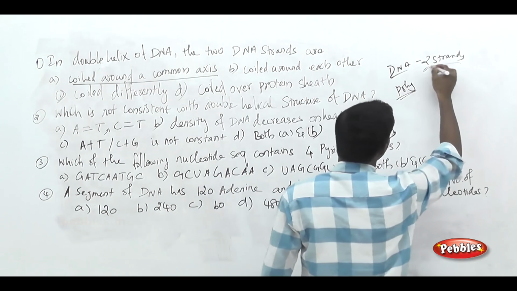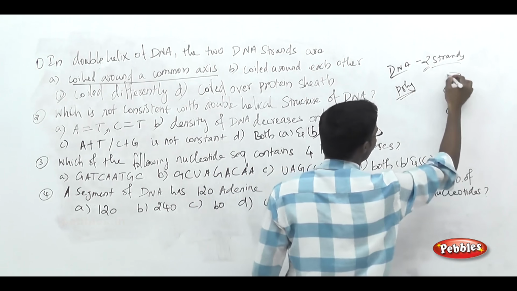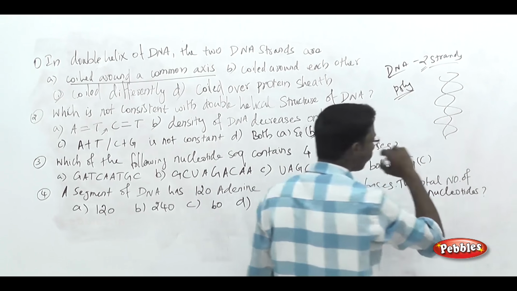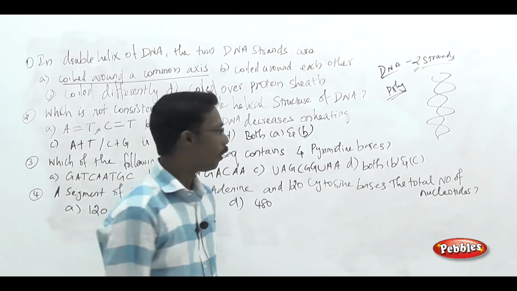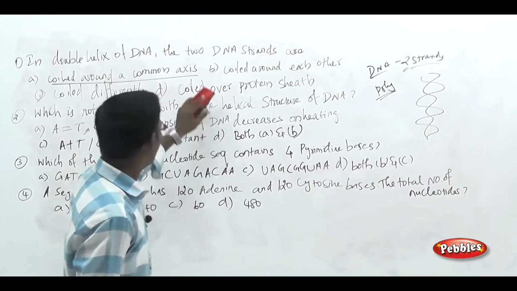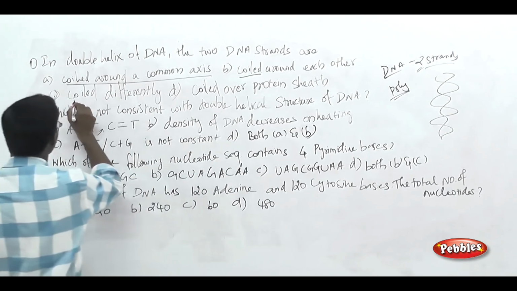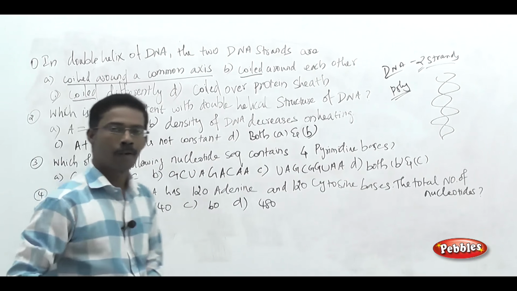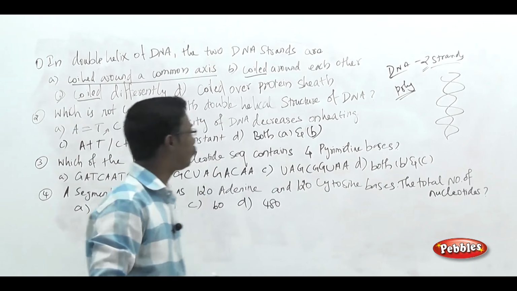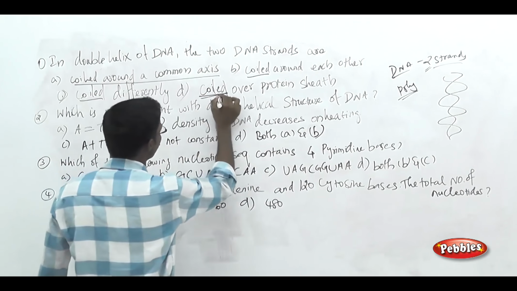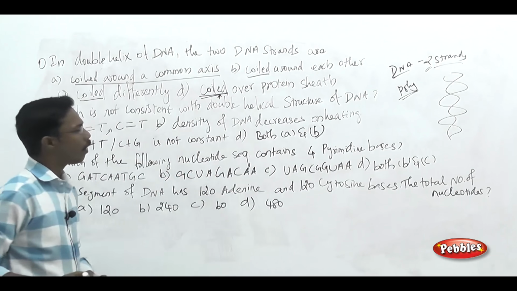What is two strands? There are two strands of polynucleotide. So see the choices here. In three choices you have the term coiled, and you have to select the choice from here. Of course, all four choices possess the term coiled.